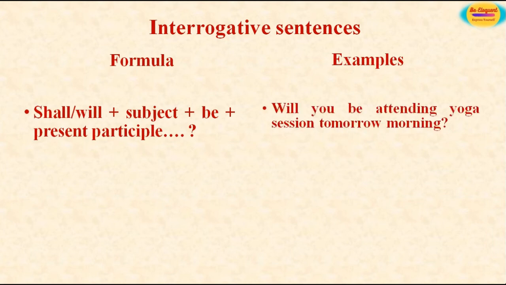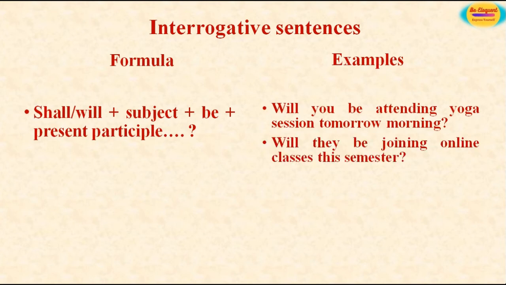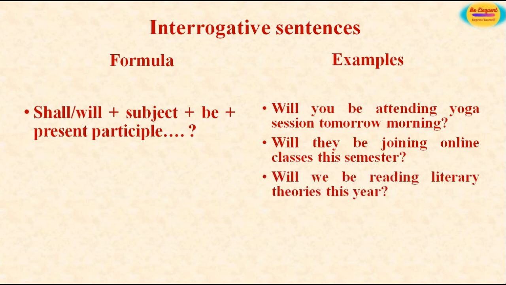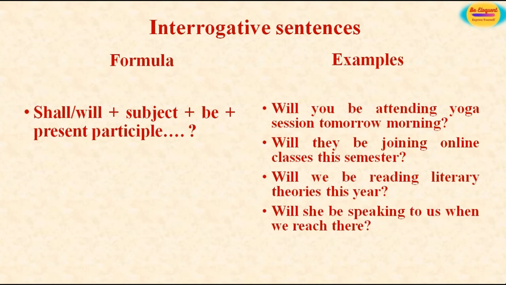Examples: Will you be attending yoga session tomorrow morning? Will they be joining online classes in this semester? Will we be reading literary theories this year? Will she be speaking to us when we reach there? Will he be driving the car?